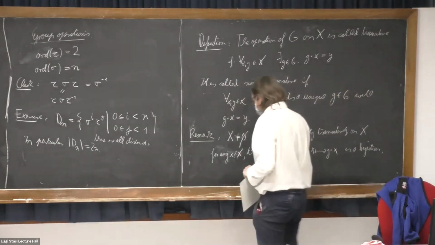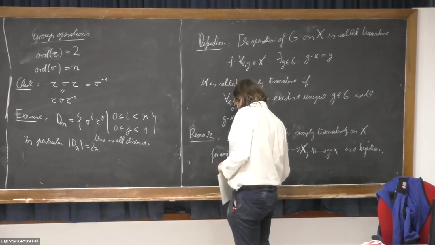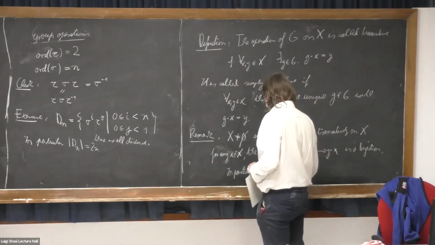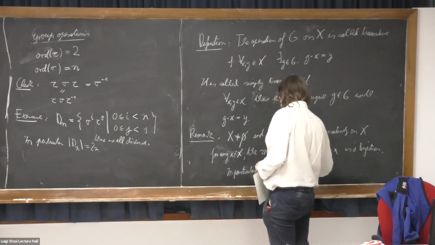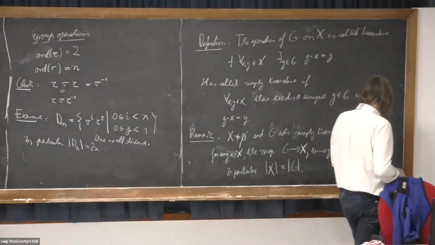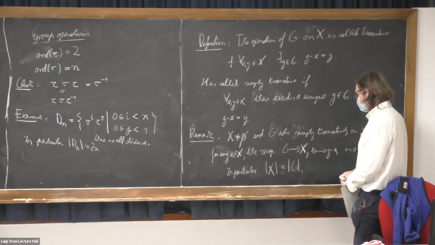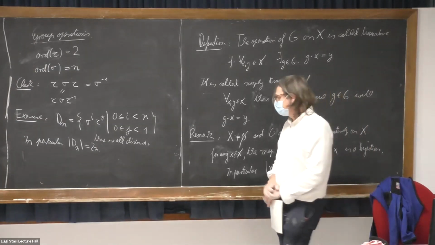So in particular, we have that the number of elements in X is equal to the number of elements in G. If we have a simply transitive action, then the number of elements in the set X corresponds to the number of elements in the group.